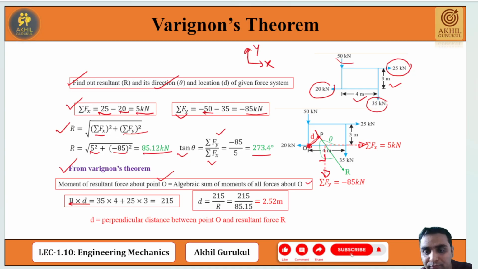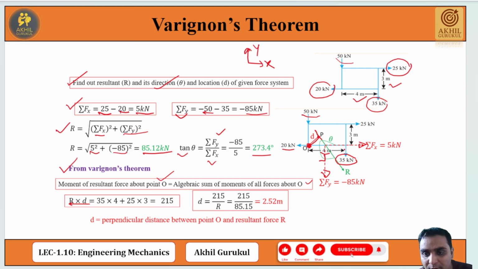So here, 20 kilonewton passes through the point O, so moment of this force about point O should be 0. And 40 kilonewton also passes through the point O, so moment of 40 kilonewton should be 0. And moment of 35 kilonewton is equal to force into perpendicular distance.